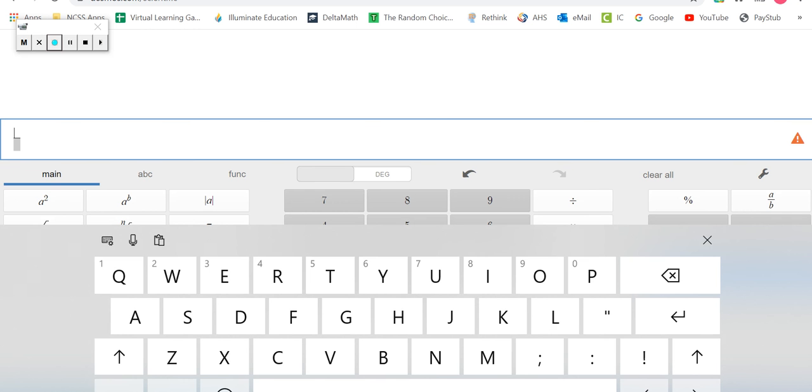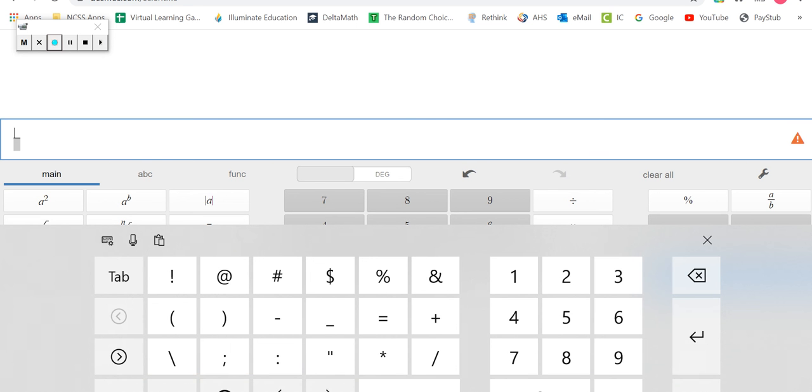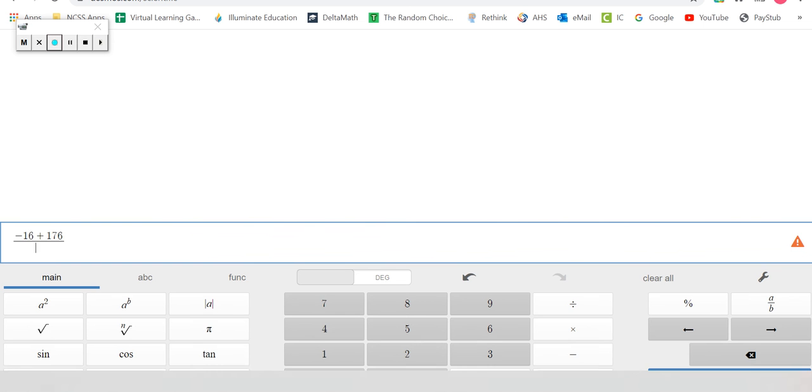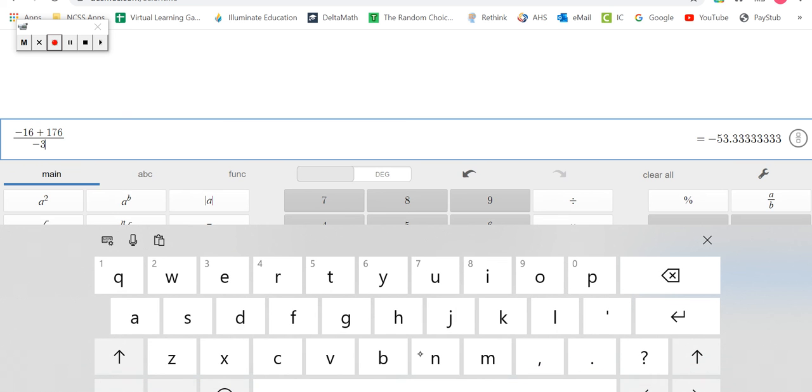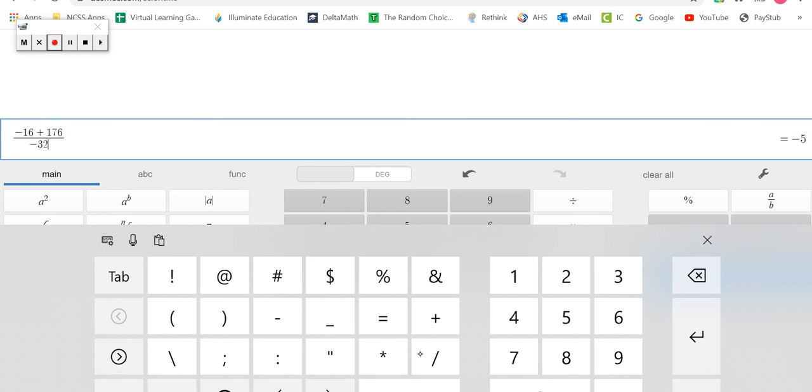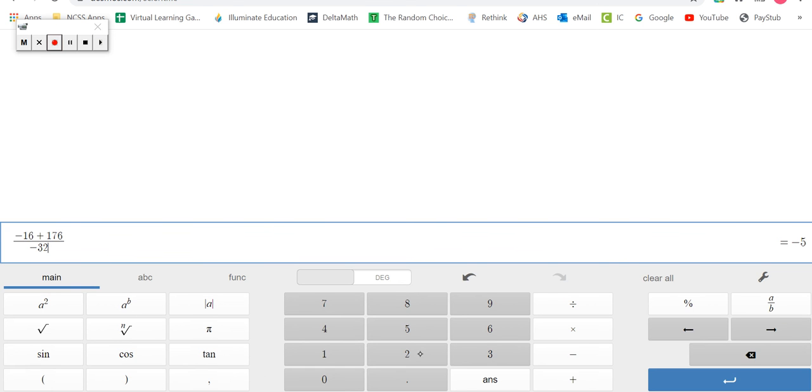So now it's negative 16 plus 176. Divide that into negative 32. And we get negative 5 for one of the sides.